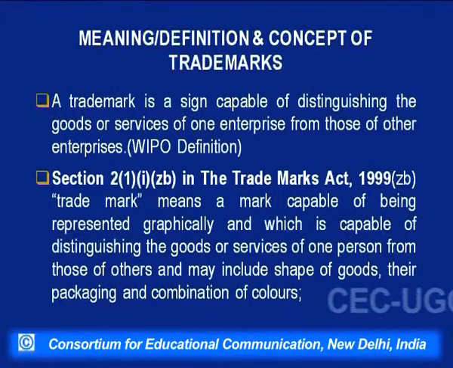For example, Coca-Cola lobbied for 20 to 30 years, or 3 decades, in many nations to finally get the shape of the Coca-Cola bottle registered as a trademark. And that effort by Coca-Cola got reflected in the Indian Trademarks Act 1999 also through the definition in section 2(1)(zb), where trademark includes even the shape of goods, packaging and combination of colors.